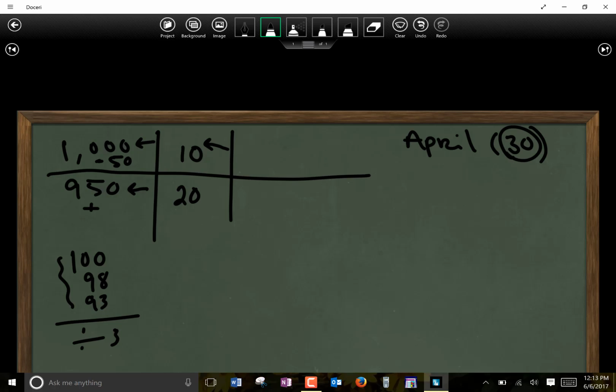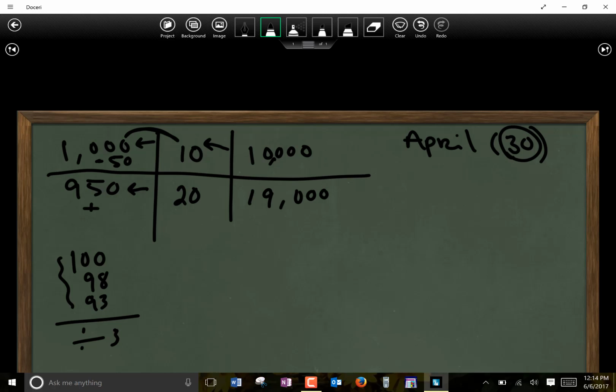But what we do in these type of problems is instead of writing 1,000 down 10 times, we just say 1,000 times 10. And so when I do 1,000 times 10, it adds a 0 on it and gives me 10,000. Then I do 950 times 20, and I get 19,000. Now, it doesn't mean that we owe 10,000 or that we owe 19,000.